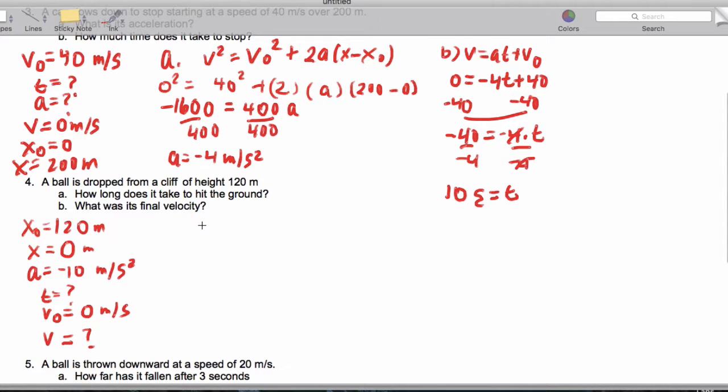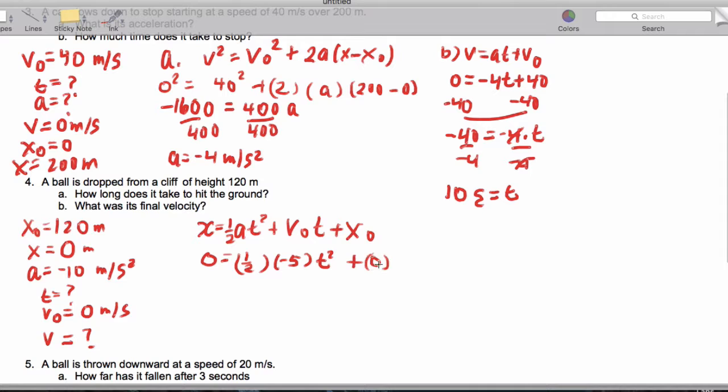So how long does it take to hit the ground? Let's see. x is 1/2 at squared plus v naught t plus x naught. 0 is 1/2 times negative 5 times t squared plus 0 times t plus x naught, which is 120.